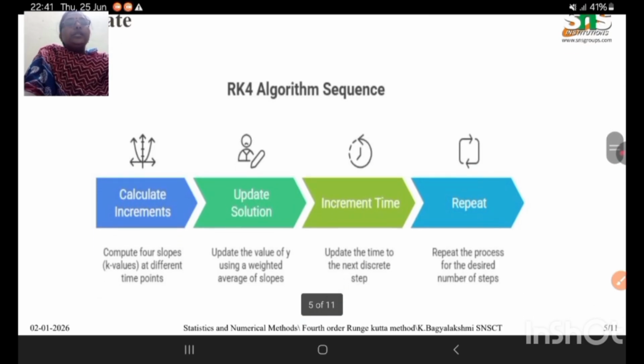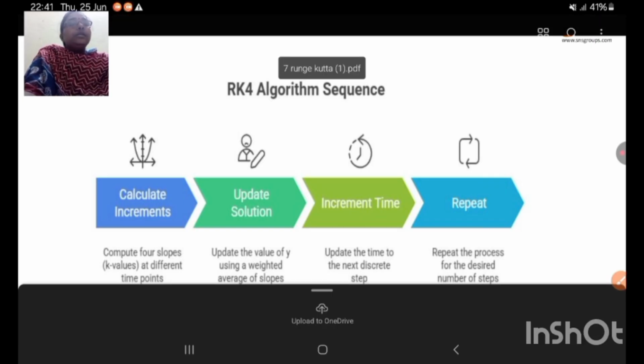In this stage, based on the problem statement, we can ideate the step-by-step process. First is to calculate the increments, and second is to update the solution and increment time, and repeat. These are the stages we are using.